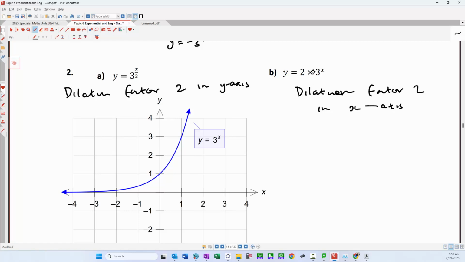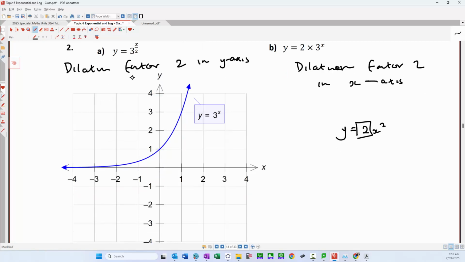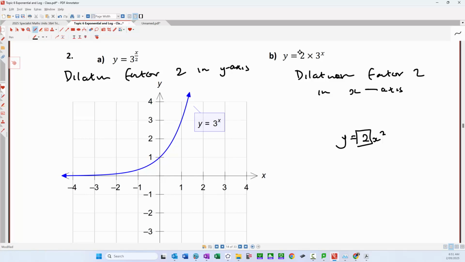So that should be familiar. That's just like a parabola, I suppose. If it had 2x squared, that's the dilation factor. This one should not be familiar, nor will that be intuitive. Again, we cover that a lot more in Methods next year.